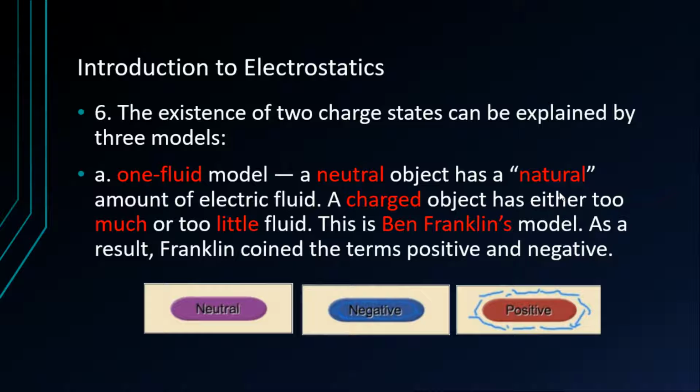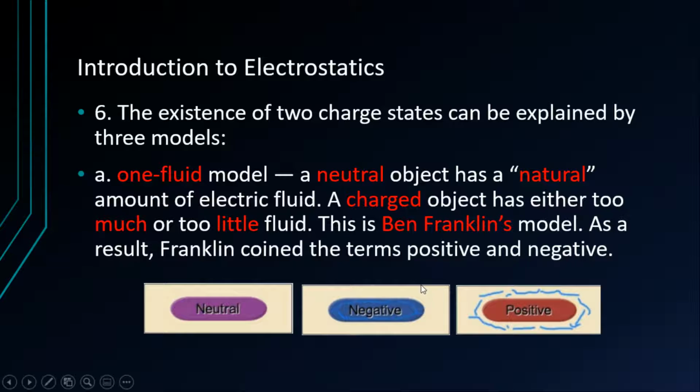A charged object either has too much or too little fluid. And this was Ben Franklin's model. He came up with this idea. As a result, Ben Franklin coined the terms positive and negative.